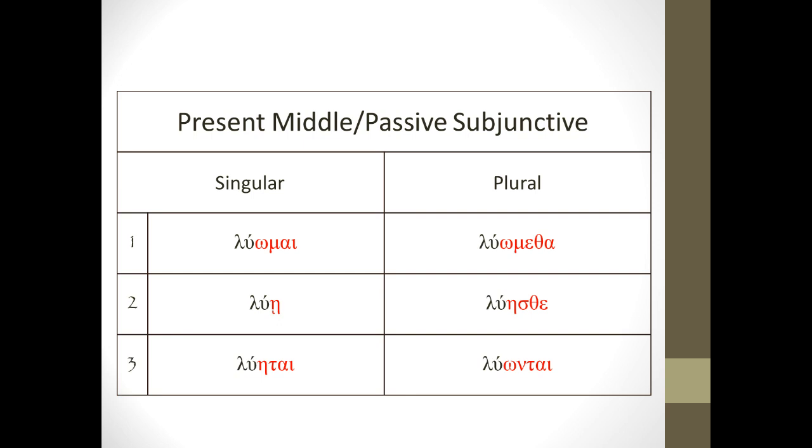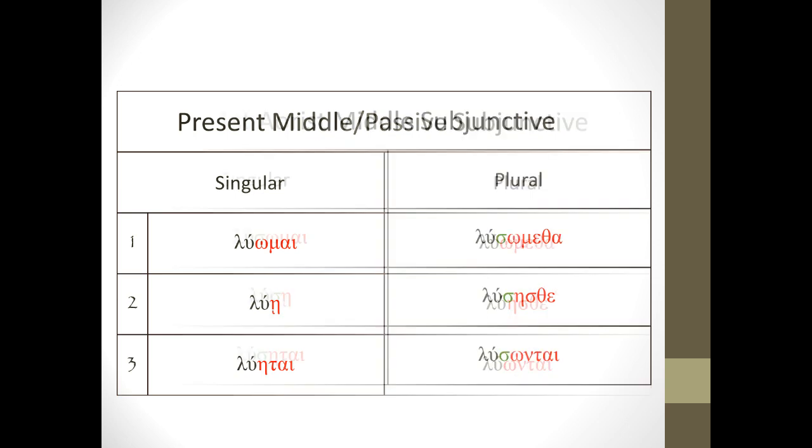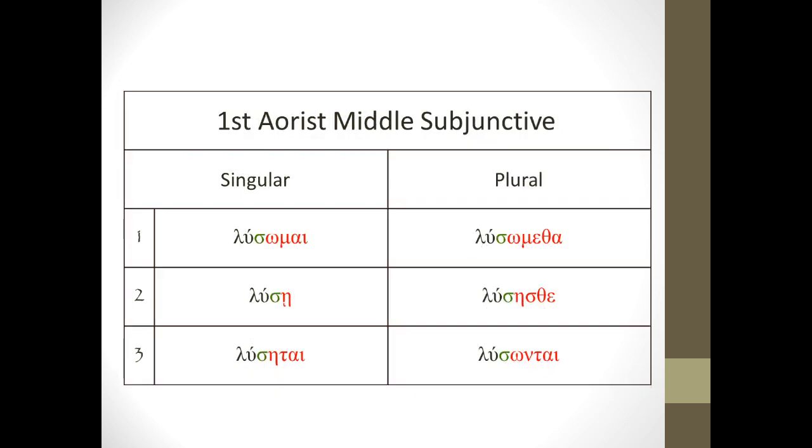Again, you'll know it's middle passive. How do you translate it and know that it's a subjunctive? Red flag word. In your first aorist middle subjunctive, same exact endings that you just learned for the present tense above, but again, the telltale sigma suffix, no augment, okay? And your red flag words will be there to help you.